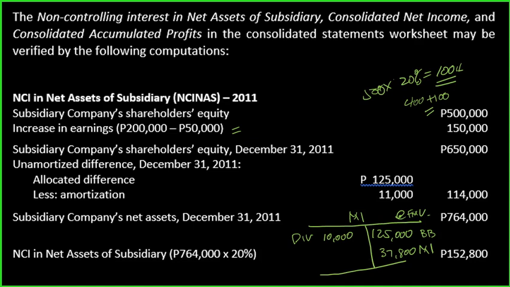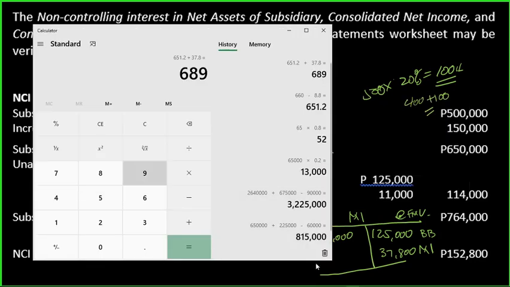Let's try to compute at 125. Okay, plus beginning plus yung share niya sa net income. Diba, standard to sa mga equity, balance na equity, beginning plus net income minus net loss minus drawings or dividends. Minus dividends na 10,000.